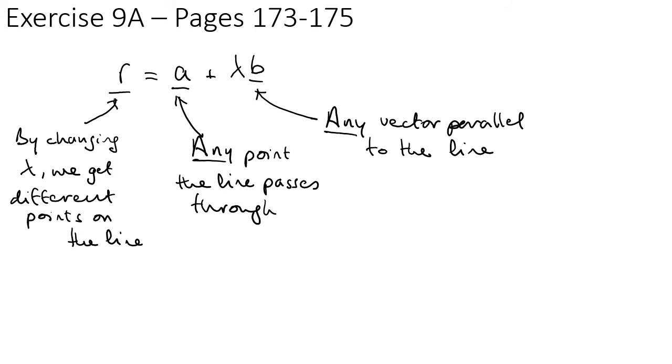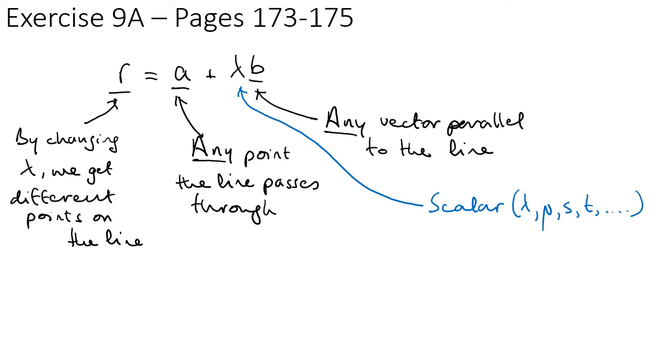Okay, and then lambda, that's just a scalar, so that can be any value. We could use lambda, we could use mu, you see this quite often, S, t, as our scalar values. So it does mean that there are many correct answers to the vector equation of a line because we can use any point and we can use any parallel vector.